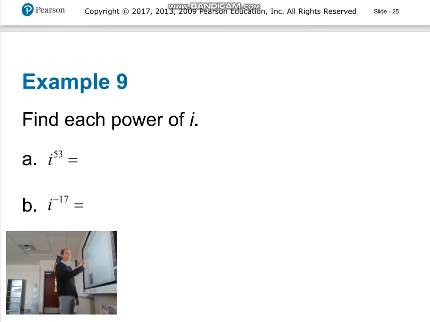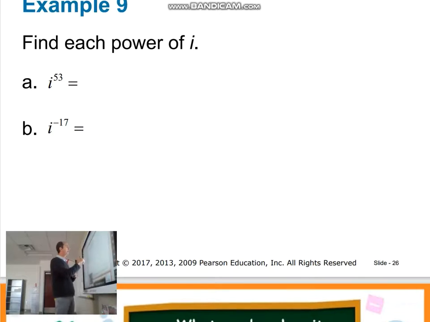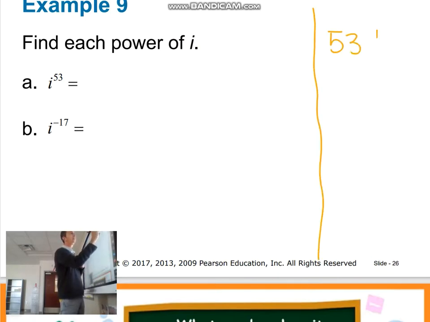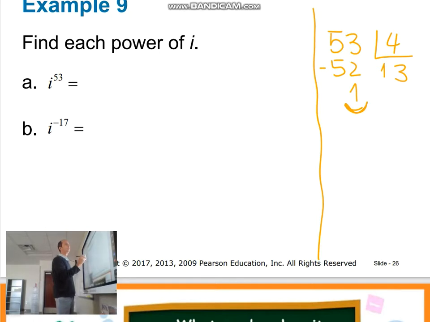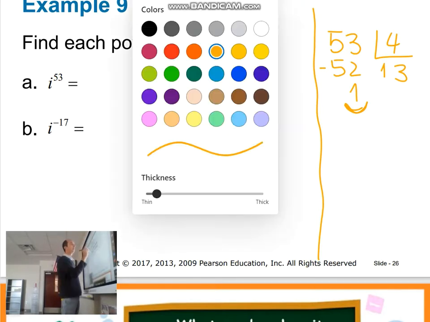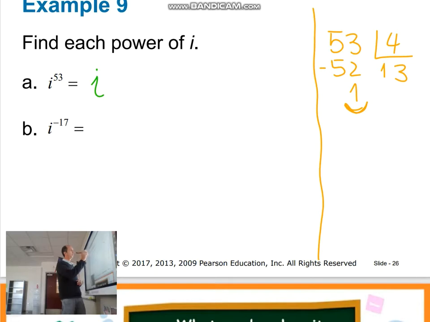Let's check the example. i exponent 53, okay? Now let's work here on the side by dividing exponents. 53 divided by 4 is going to be what? 13, and 4 times 13 is 52, and you're going to have the remainder 1. So we can break it down. i exponent 53 is equal to i exponent 52 times i exponent 1, right?